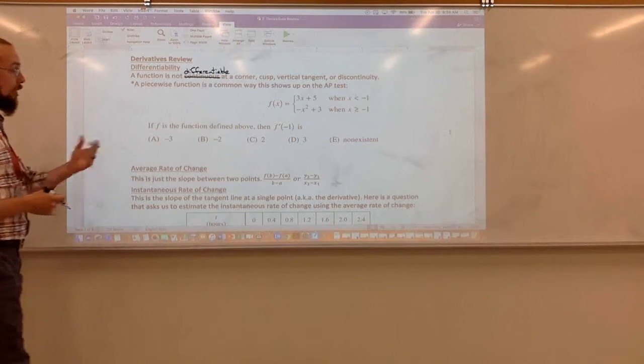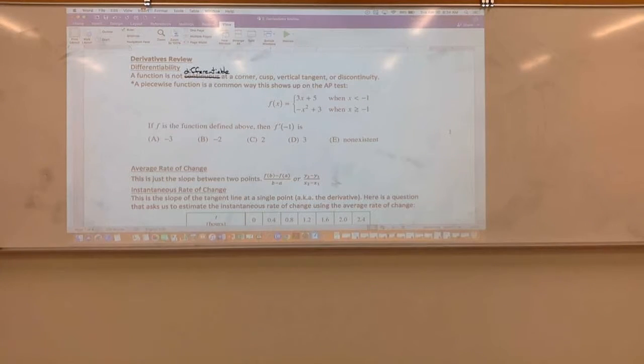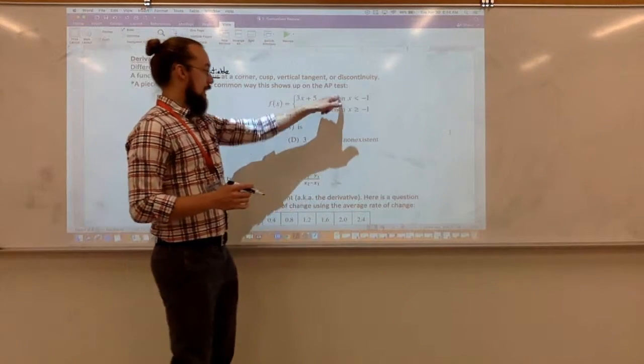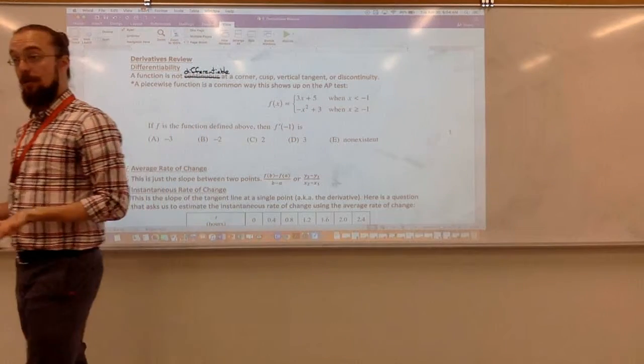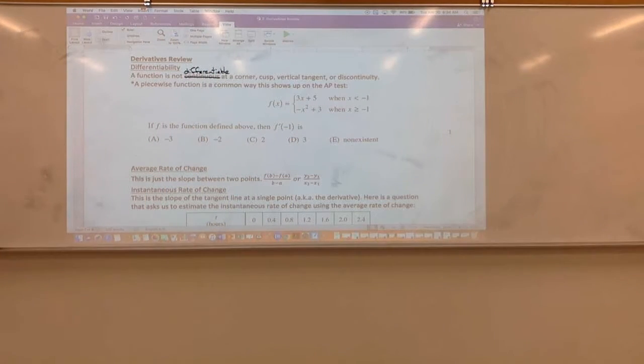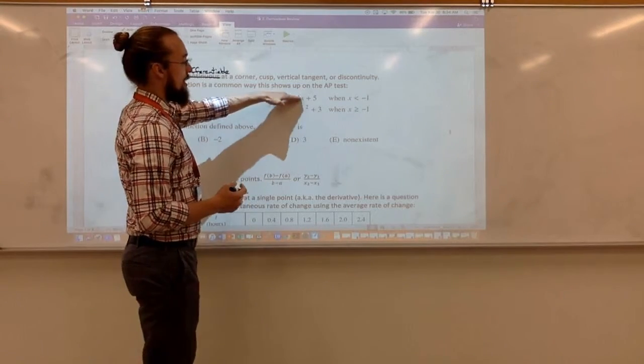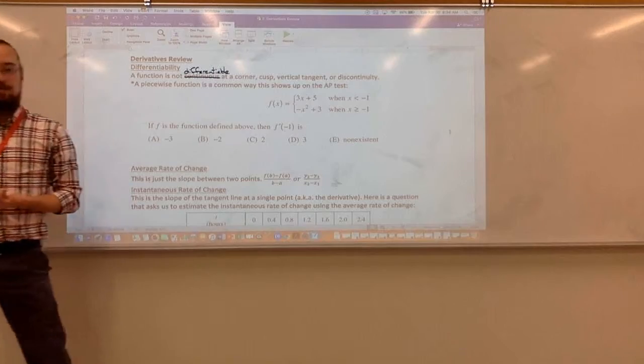It says if f is the function defined above, then f prime of -1 is what? So we want the slope at -1. Well, that's where this function breaks. It is possible for the derivative to exist there if the slope of each of these pieces is the same.